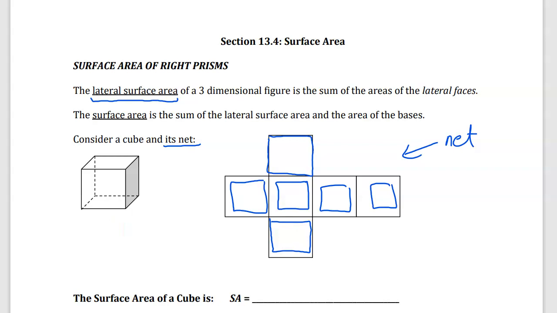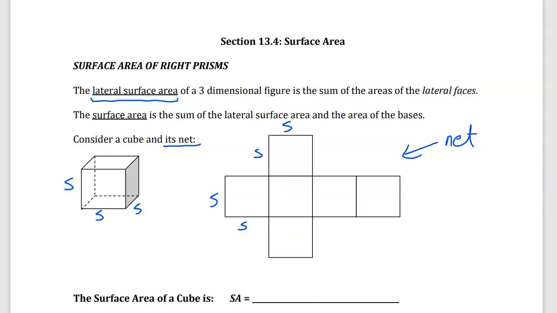Now, the nice thing about a cube is all of its sides are of the same length. So if you think about it, this has length of S, this has length of S, this has length of S, this has length of S. So each of these sides, whether it's a base or a lateral side or anything, has an area of S squared.